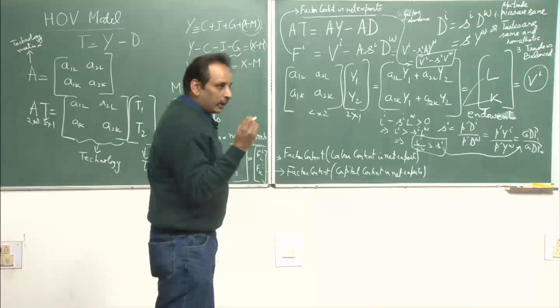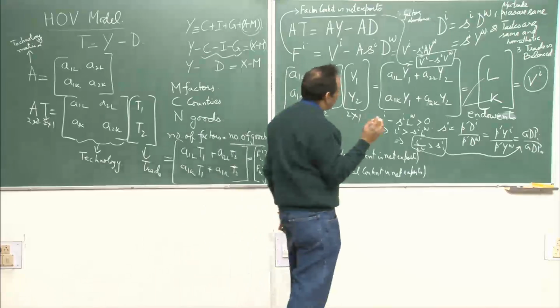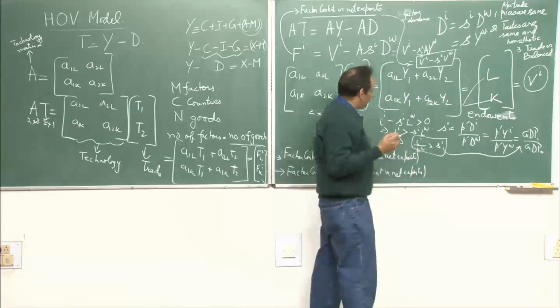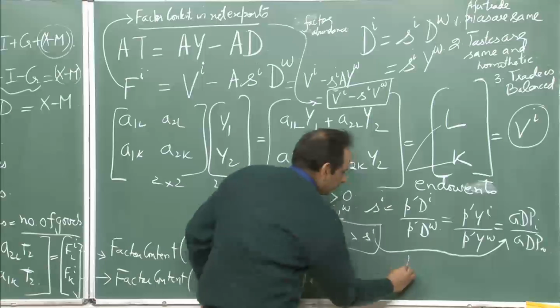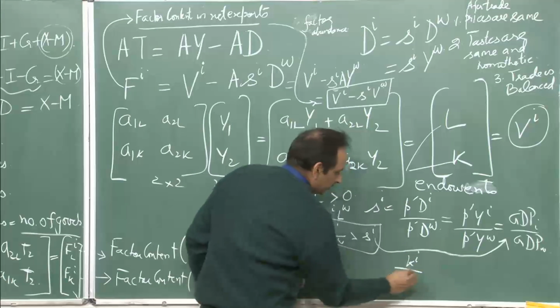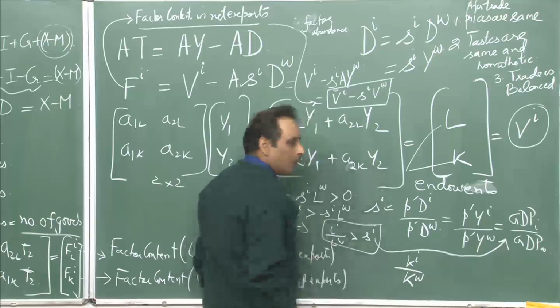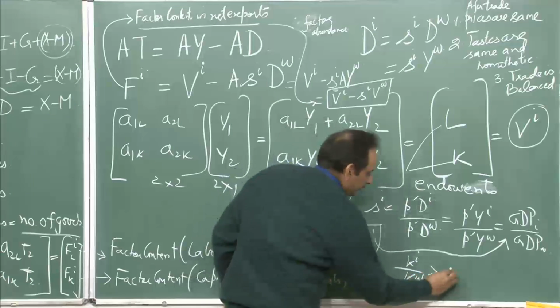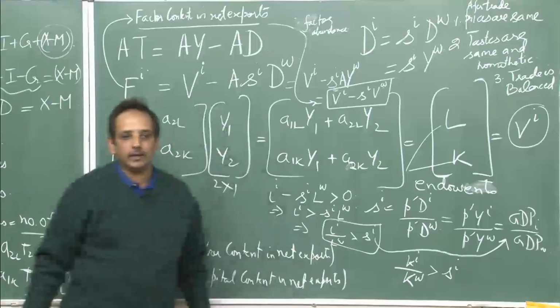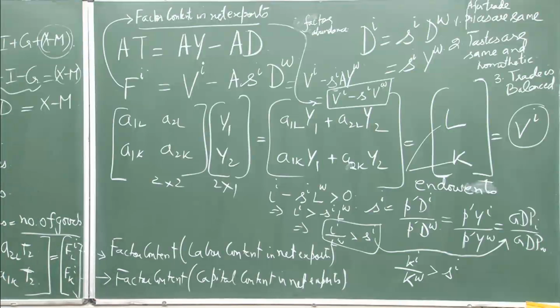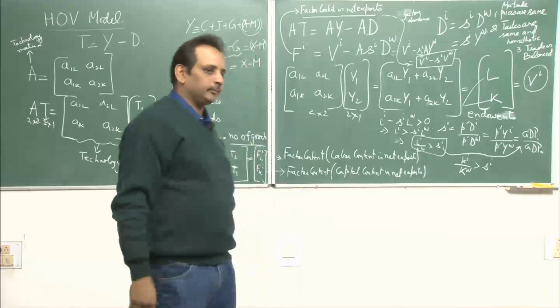And how will you define richness? Richness will be defined by the capital endowment in this country divided by the capital endowment in the entire world. If it is greater than the GDP share, then you will say that it is abundant in capital.